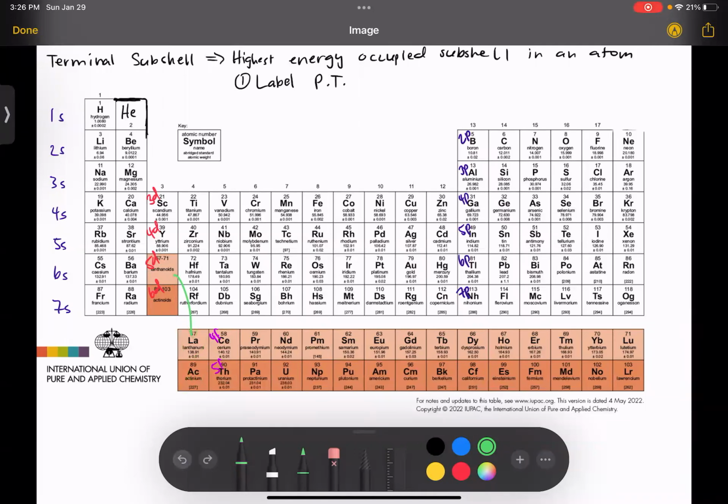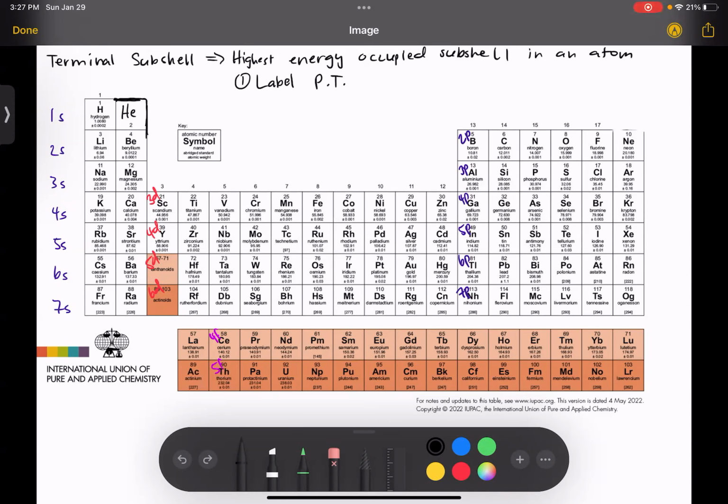But for the sake of electron configurations, just remember that the f orbitals start with cerium and thorium. The reasons for that are very specific, and they're much more advanced than what is covered in the scope of this class, so I'm not going to go over them. Just remember that cerium is the start of the F subshell, the 4F subshell.